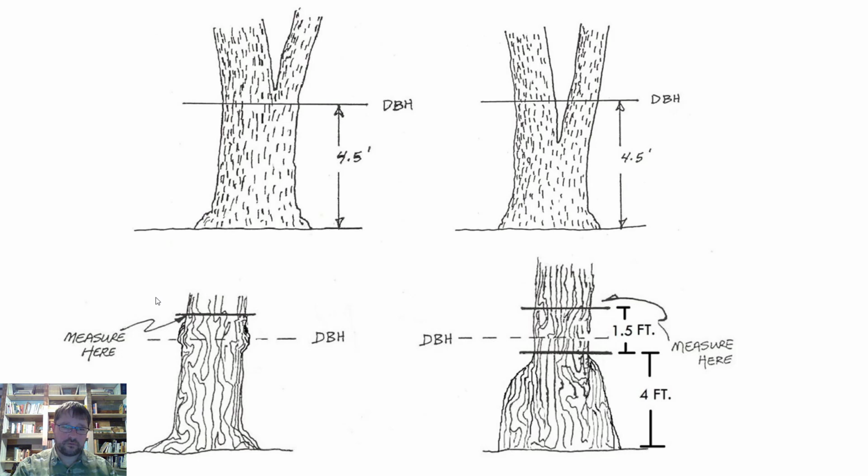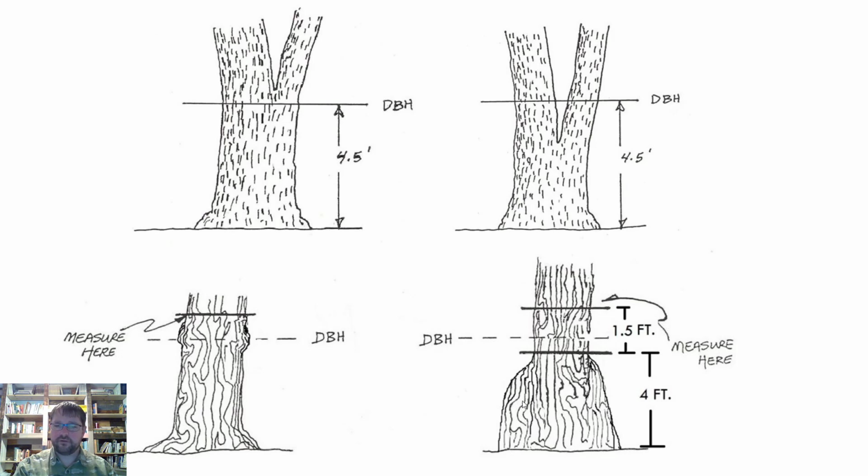Okay, let's say you have a big knot or burl or something, or major damage that occurs in the region at that 4.5 feet mark. Okay, you just need to move above that damaged region. Normally, maybe 6 to 8 inches to 12 inches, a foot away from the damaged area, and take the DBH there.